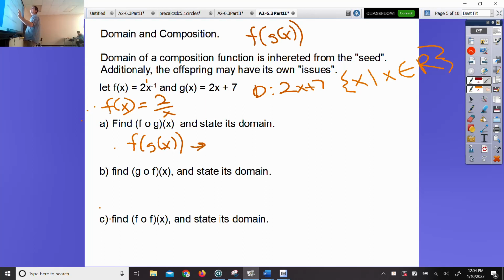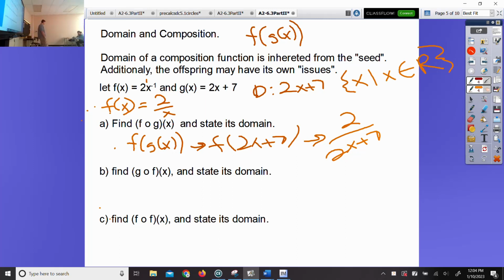Anyways, back to this. Since g of x is 2x plus 7, everywhere I see an x, what am I going to replace it with? 2 over 2x plus 7. That's the composition of the two functions. And it's going to have a lot of data in it for domain, but it's got its own unique issues. This is a fraction.